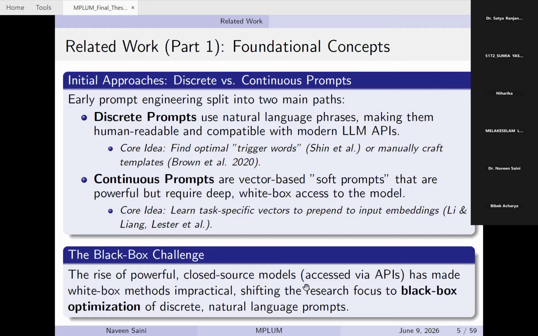So the rise of powerful closed source models has made white box methods impractical. So we are using discrete prompts, but it is challenging in terms of prompt quality. Discrete prompts are easily accessible by the end user, shifting the research focus to black box optimization of discrete natural language prompts.